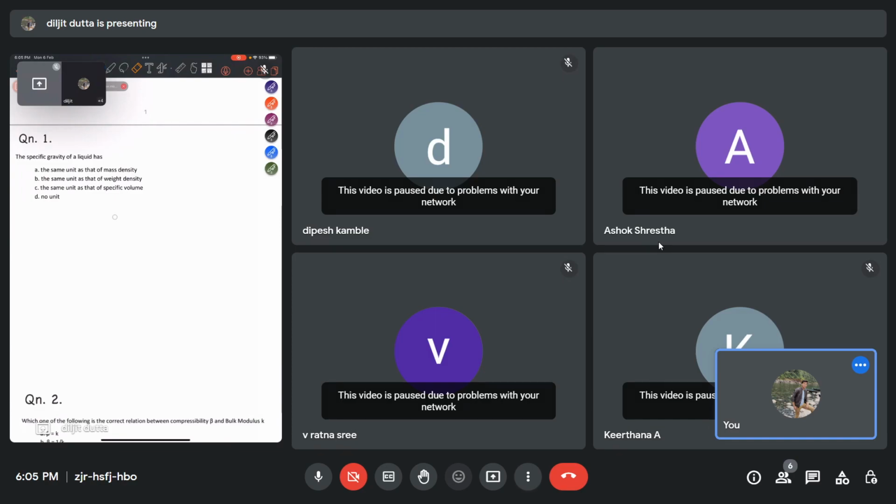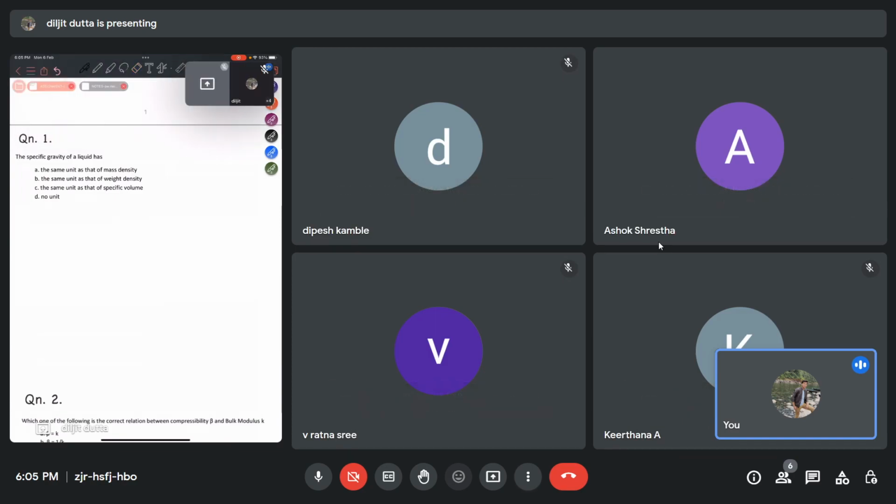First thing is specific weight. Specific weight is given by the formula weight of the fluid divided by volume of the fluid. So this is one thing. Then the second thing is specific volume.